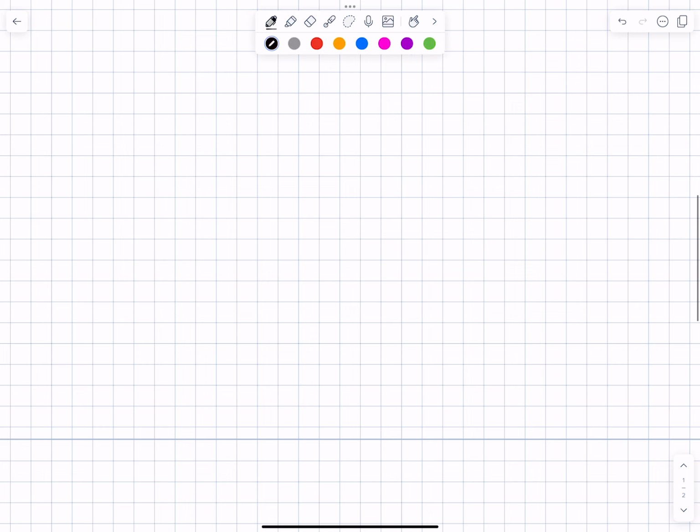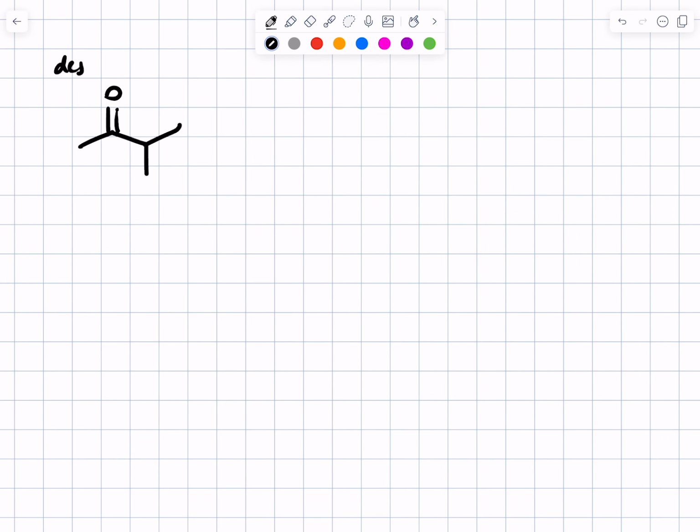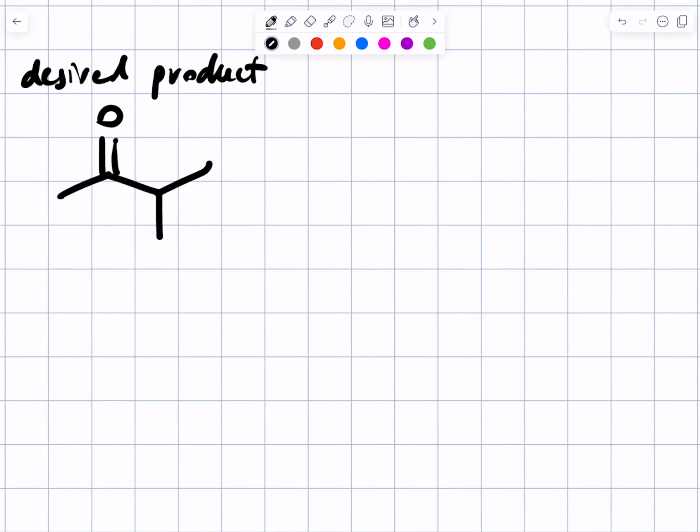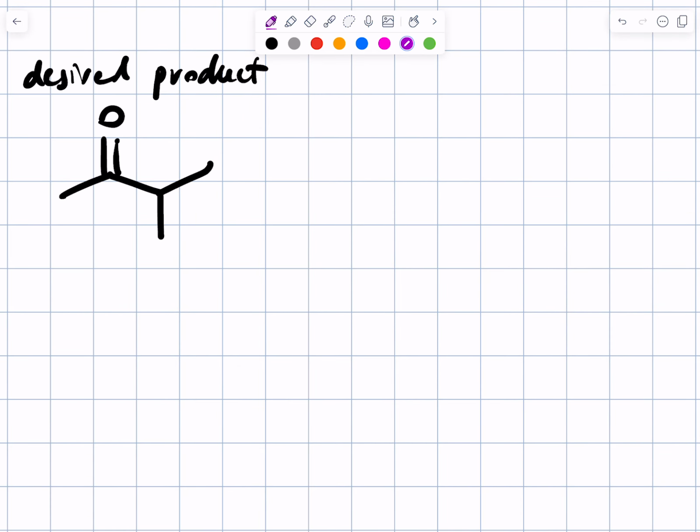So to set this up, suppose my desired product was this molecule. And one thing I might notice about this molecule is on the purple alpha carbon, I have 2 alkyl groups. In fact, I might call this an alpha-alpha dialkylated product.